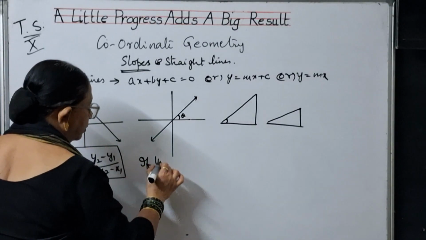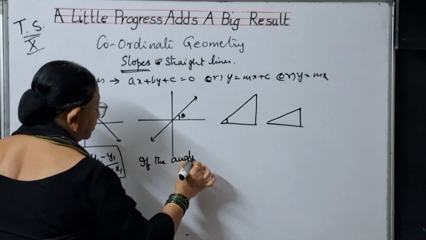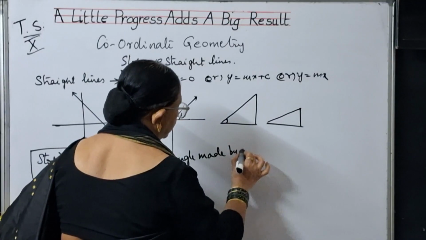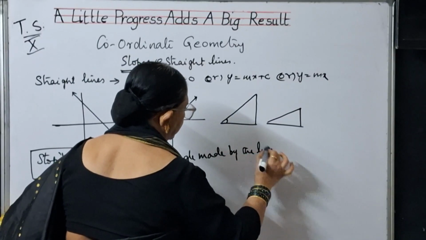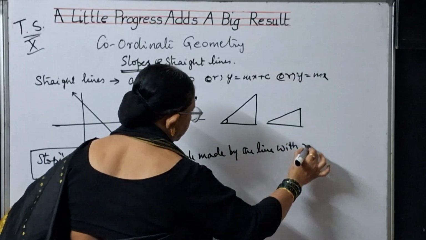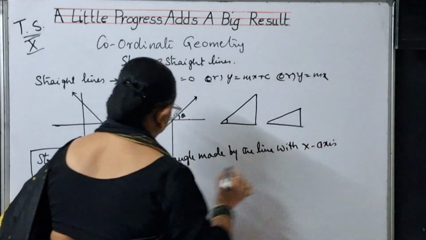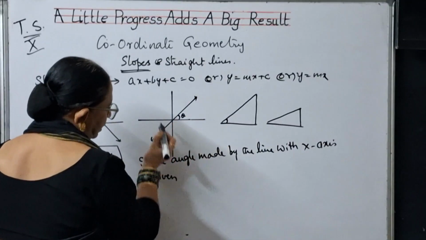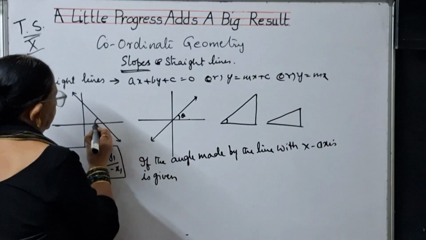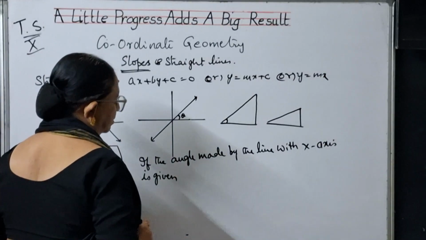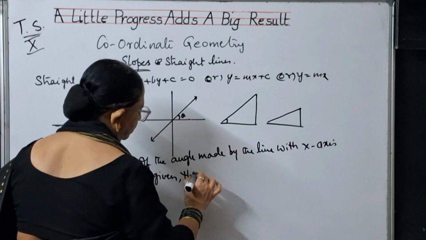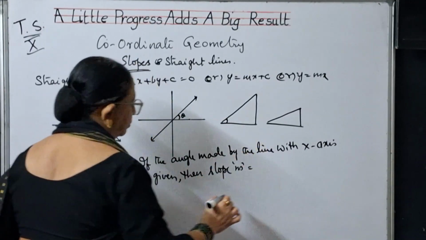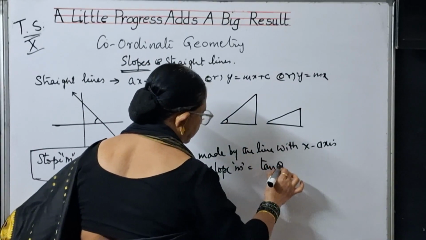Apart from this, if the angle made by the line with the x-axis is given, that means like this, the line with the x-axis, then the slope formula is slope m is equal to tan theta.